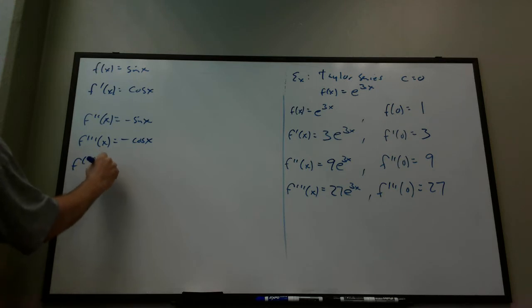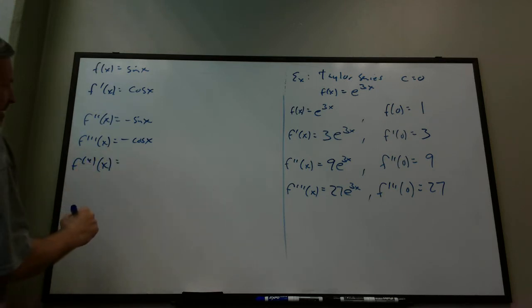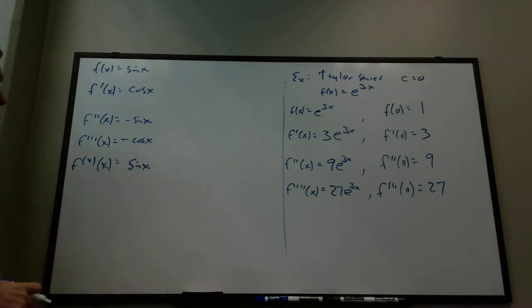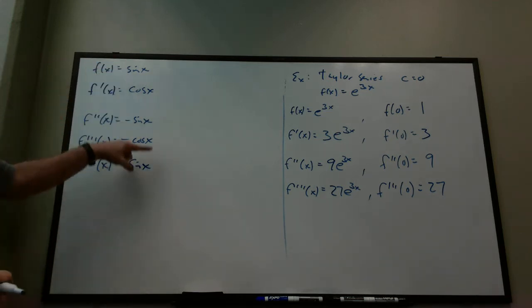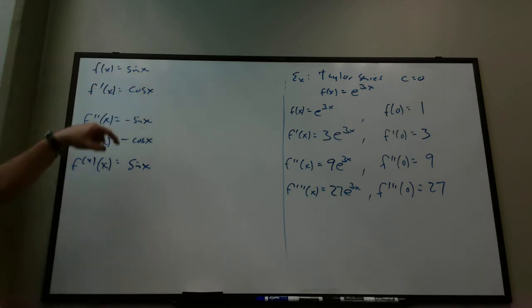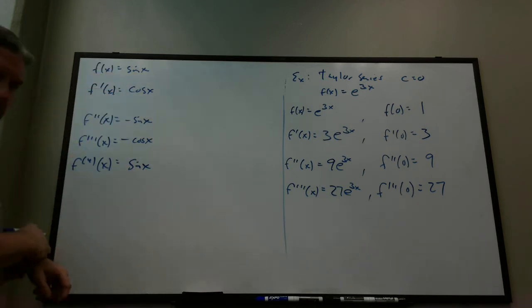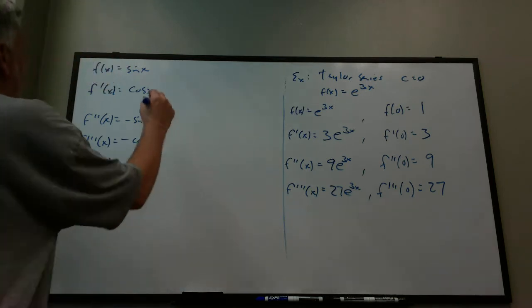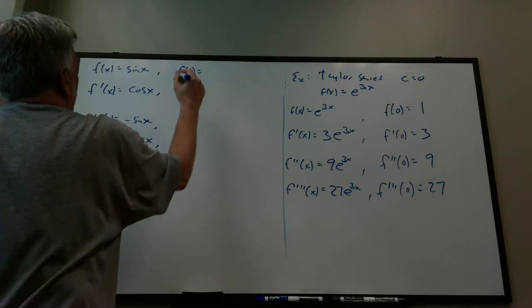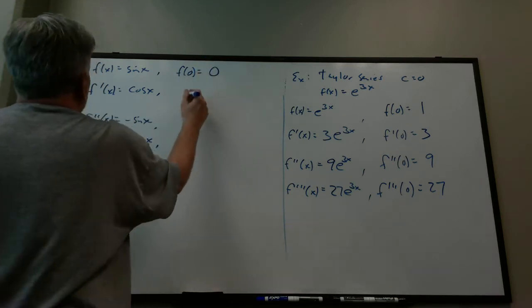And the fourth derivative, the derivative of negative cosine x is sine x again. Notice we're just going to keep cycling around. The fifth derivative will be cosine, the sixth derivative will be negative sine, etc. Okay, so we're doing the Maclaurin series, so we're plugging in 0. So f of 0 is sine of 0, which is 0.